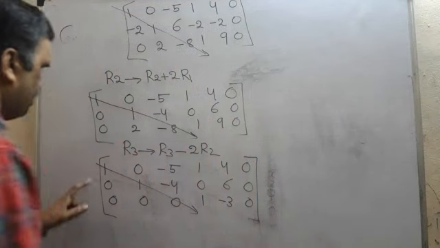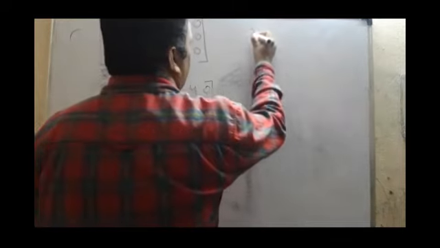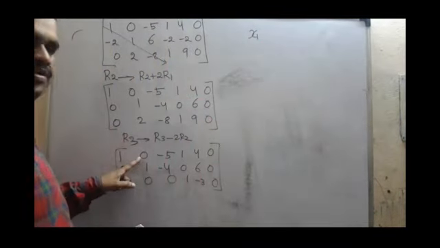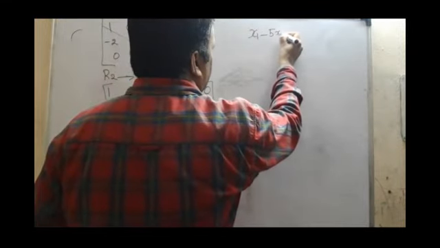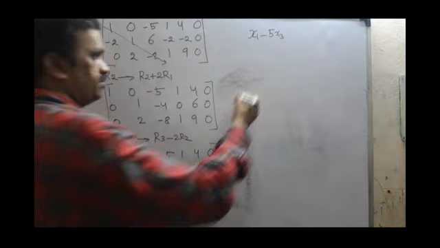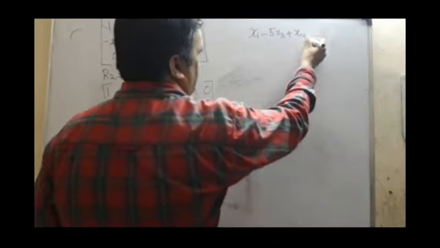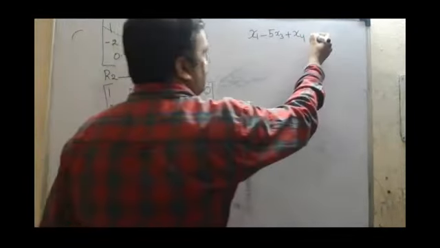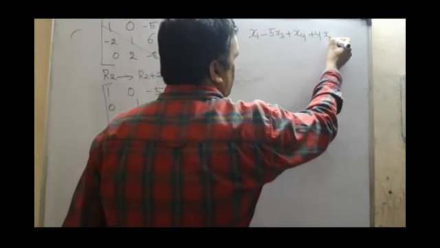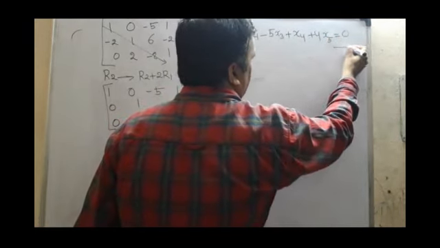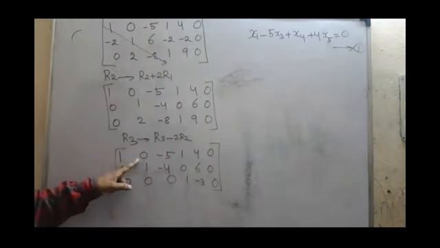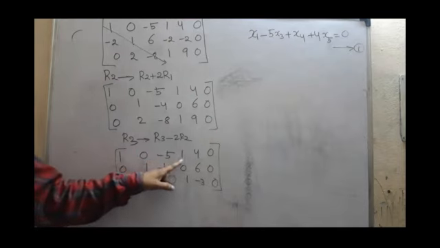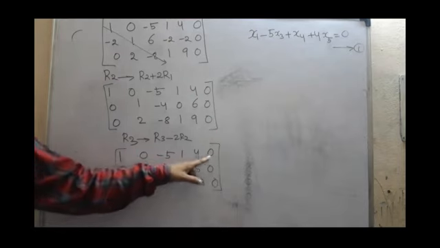Equation 1: 1 x1, 0 x2, minus 5 x3, 1 x4, 4 x5 equal to 0.